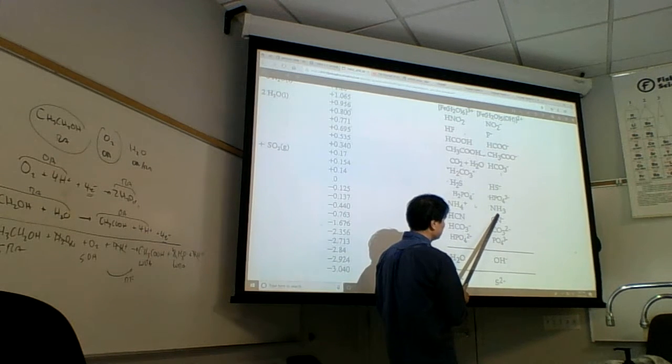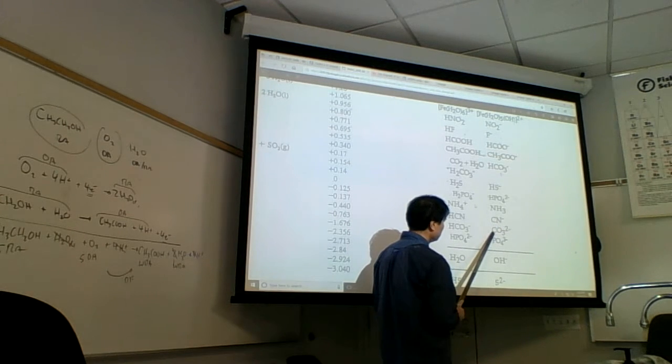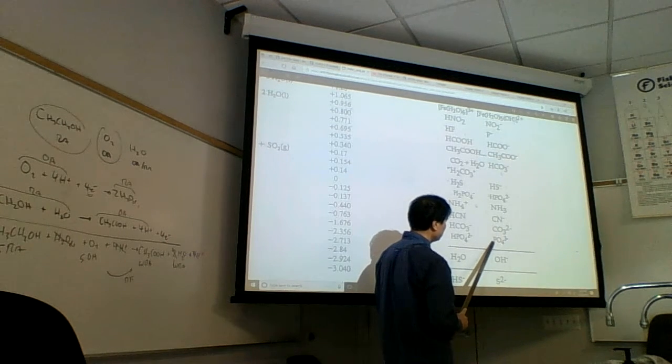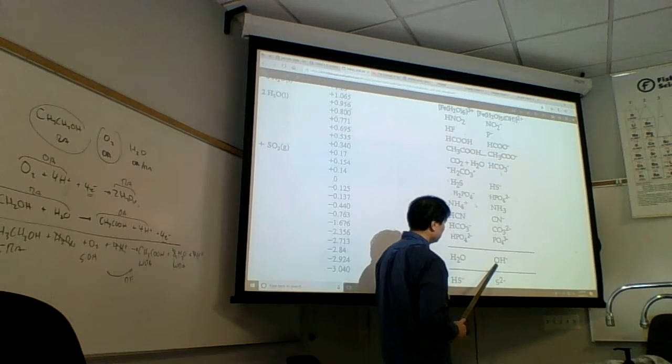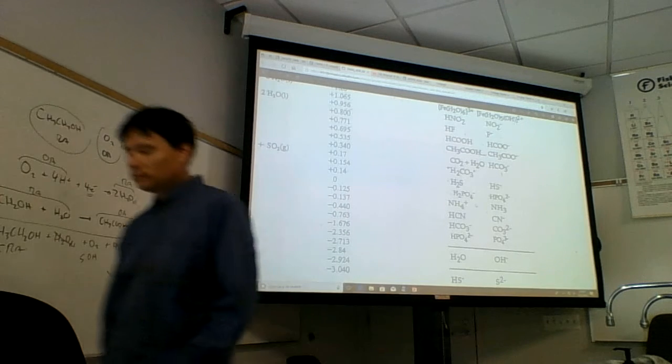This one is ammonia, cyanide, carbonate. Sulfide.